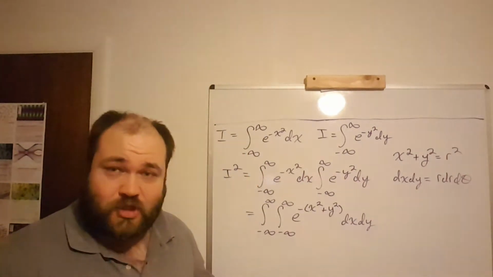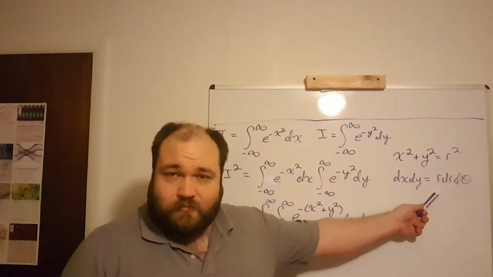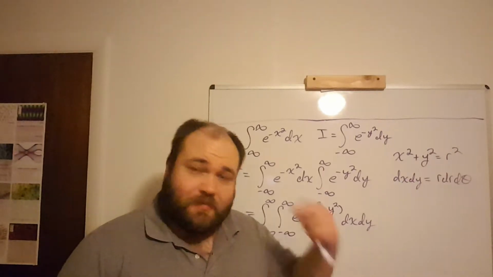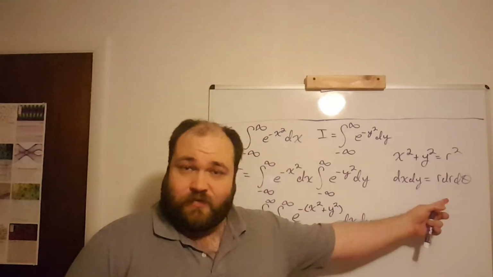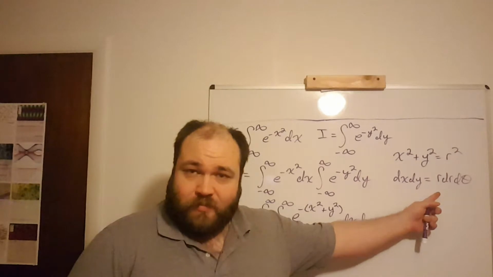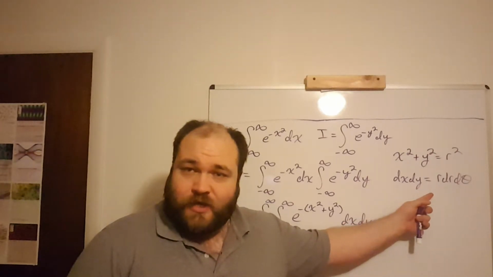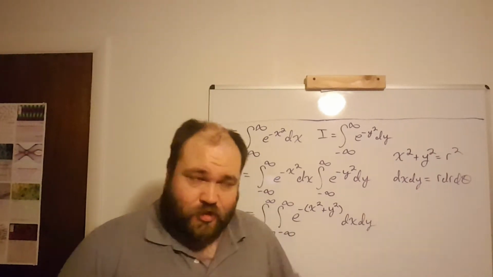So the only thing to mention here is that in order to do a coordinate transformation like this, you just need to remember that in front of the new coordinates, you need to multiply by the Jacobian.